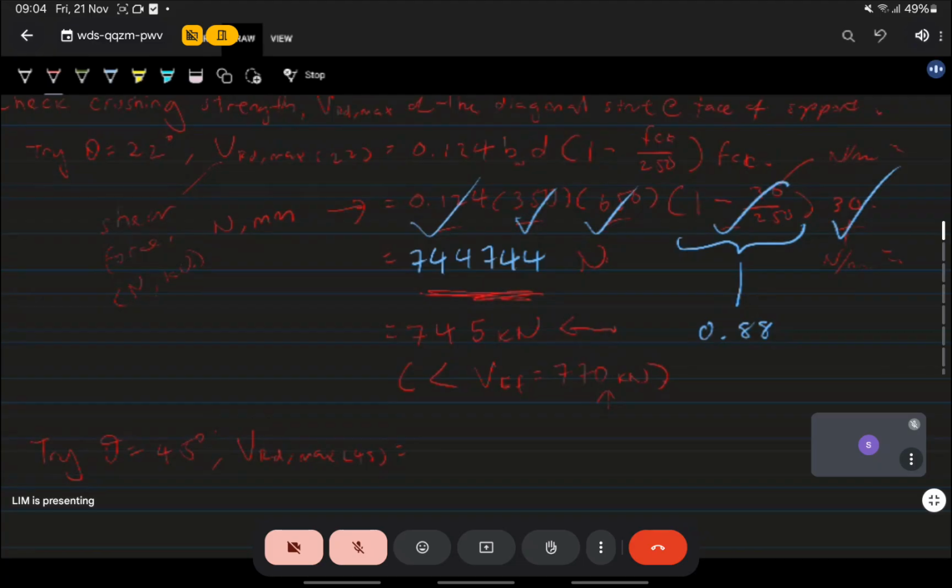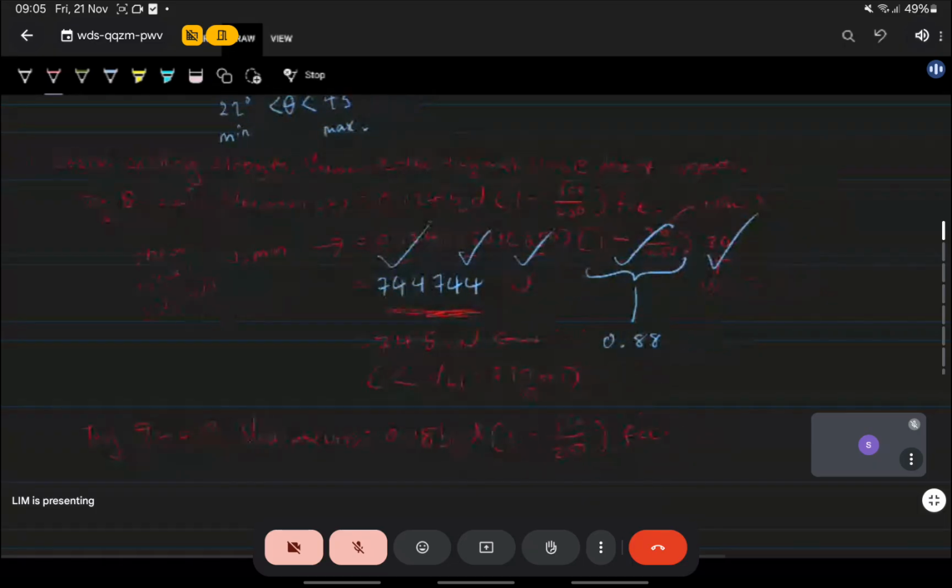So when it's 45 degrees, the formula is 0.18 BWD, 1 minus FCK over 250, times FCK.